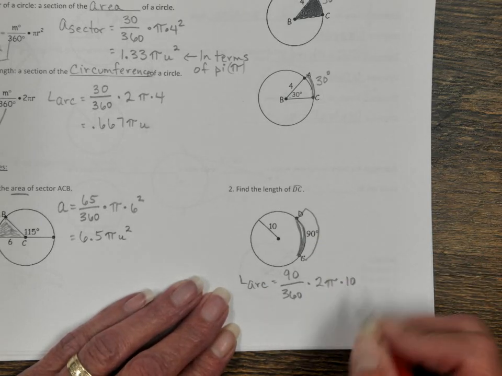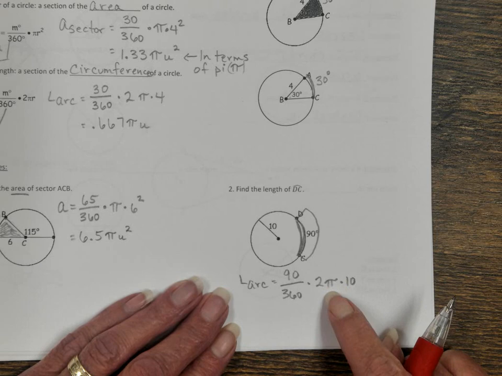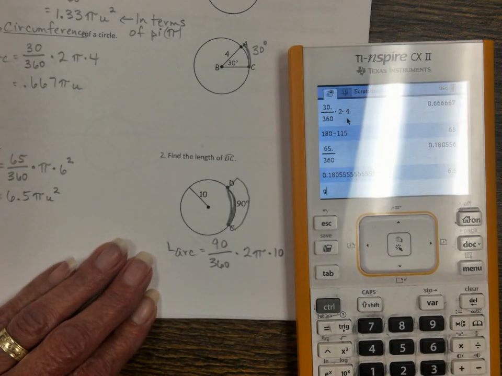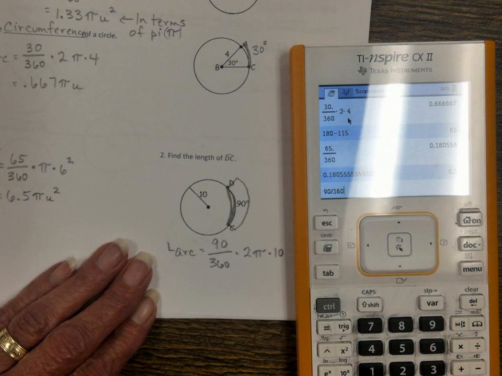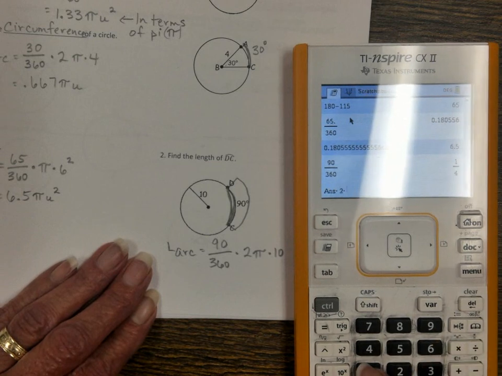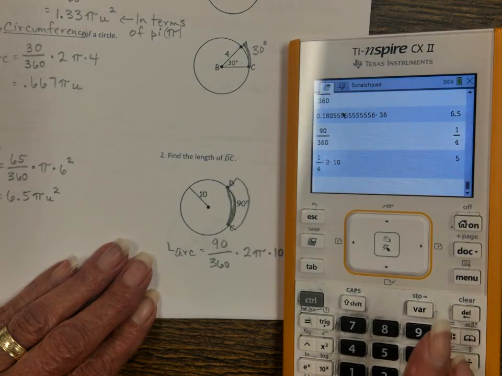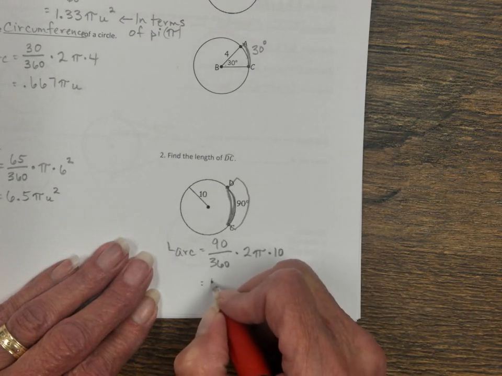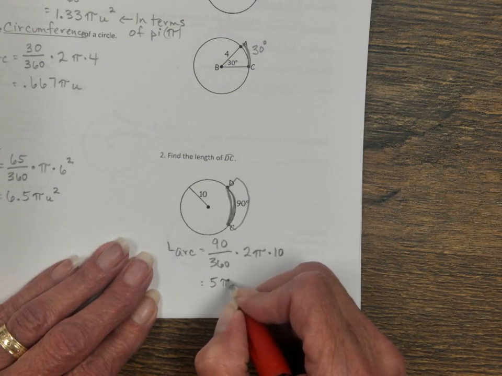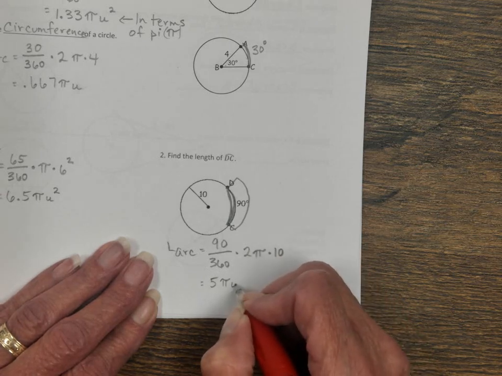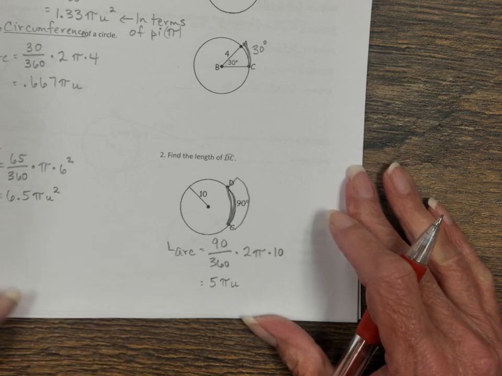Now I'm just going to put all of that in my calculator except for pi. I'm going to get an answer in terms of pi. So 90 divided by 360 times 2 times 10 and get a final answer of 5, and that is 5 pi, because I have not multiplied pi out, in some number of units, inches, feet, whatever.